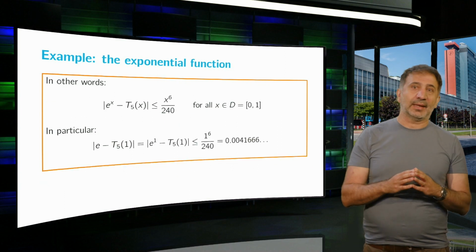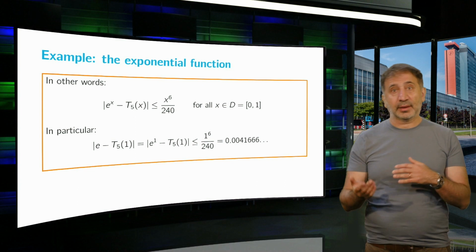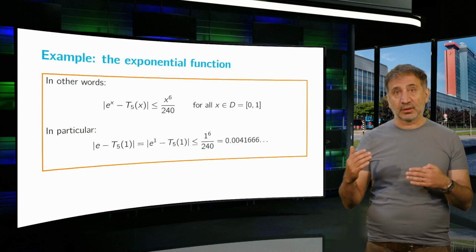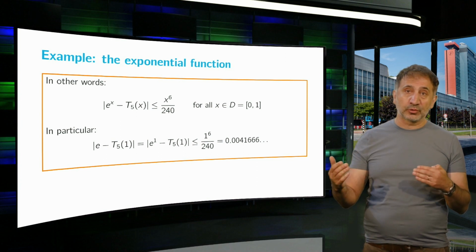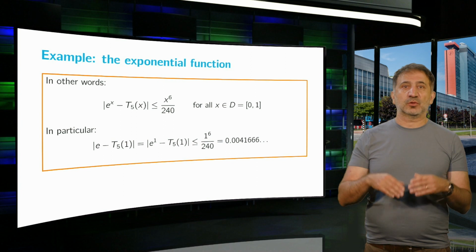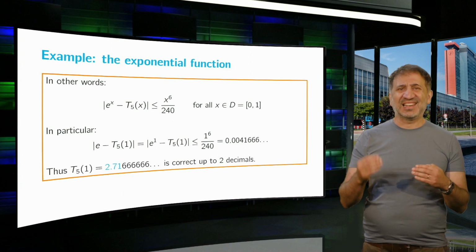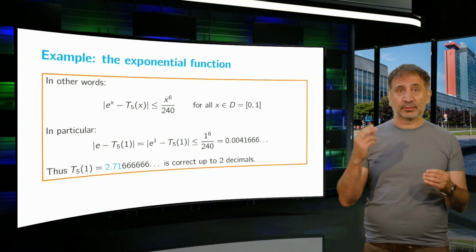If we plug in x is 1, then we see that the approximation error in x is 1 is bounded by 1 over 240, which is approximately equal to 0.0042. So the approximation T_5 of 1 is at least correct up to 2 places of decimals.